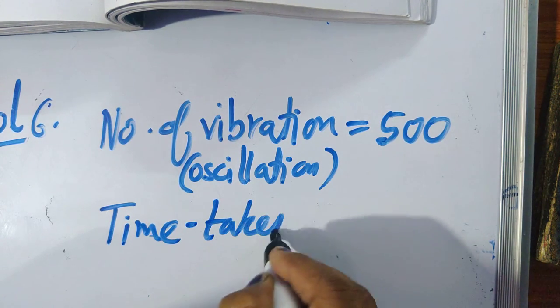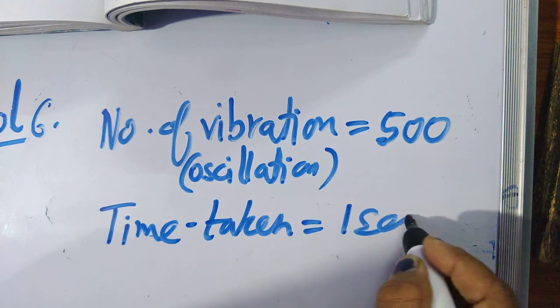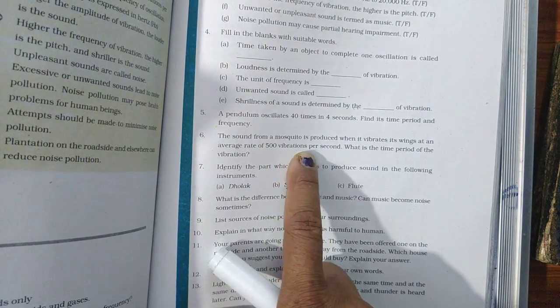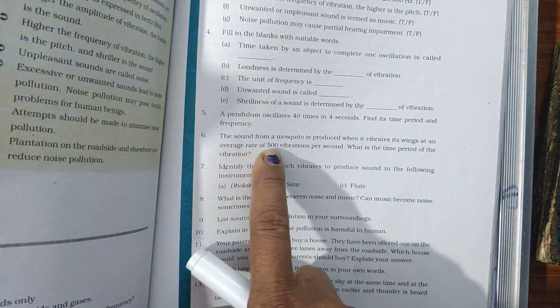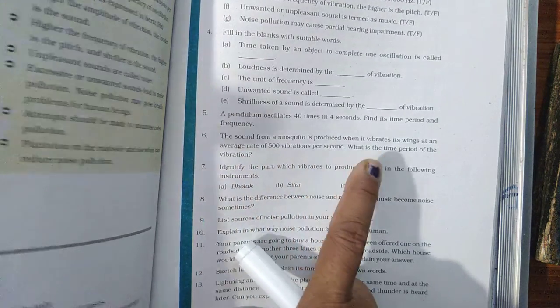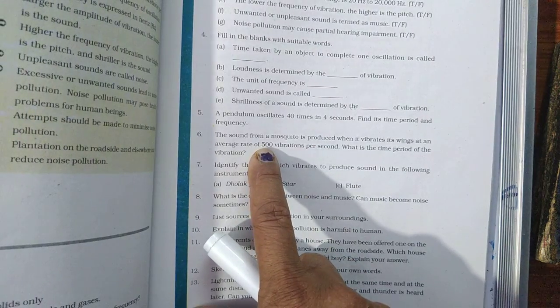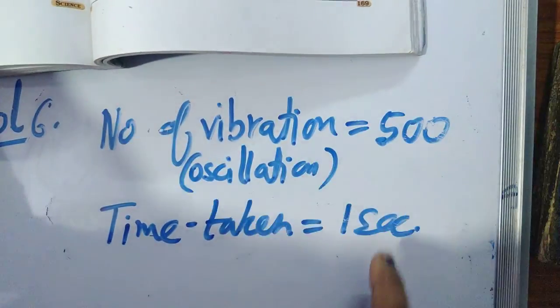The question is saying 500 vibrations are taken in 1 second. Average rate 500 per second means 1 second. So here time taken will be 1 second. Oscillation is 500 and time taken is 1 second. Got it?